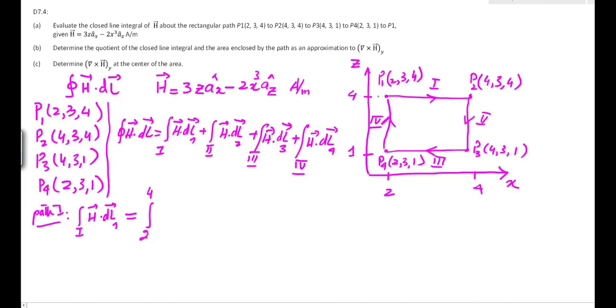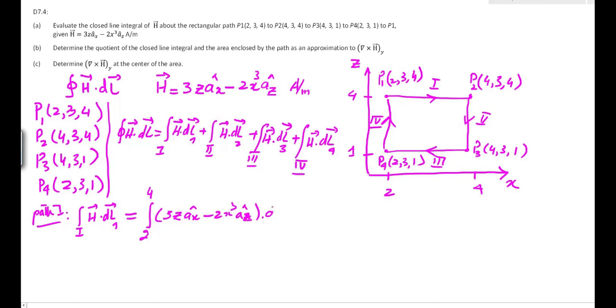The z value is constant. It is already constant in y because it is at the y equals 3 plane. So the only variable that is changing is x. Then we will have H, which is 3z ax minus 2x cube az, dot the differential length.